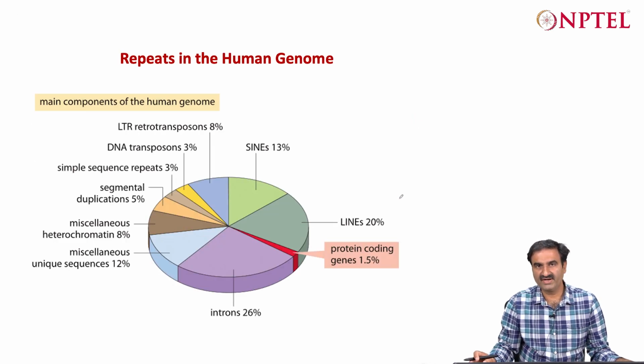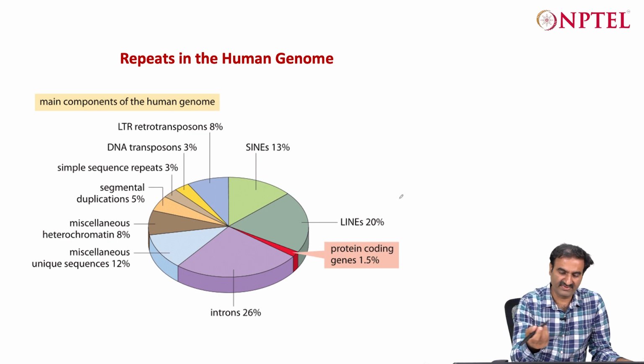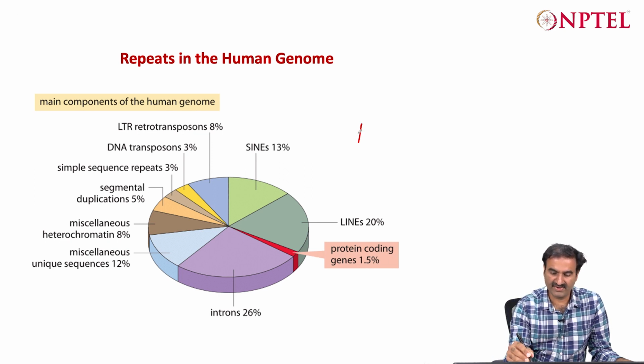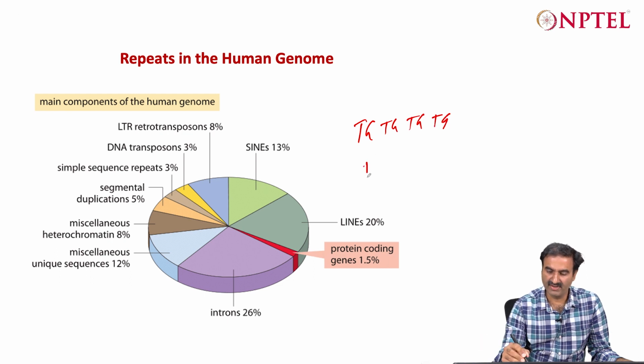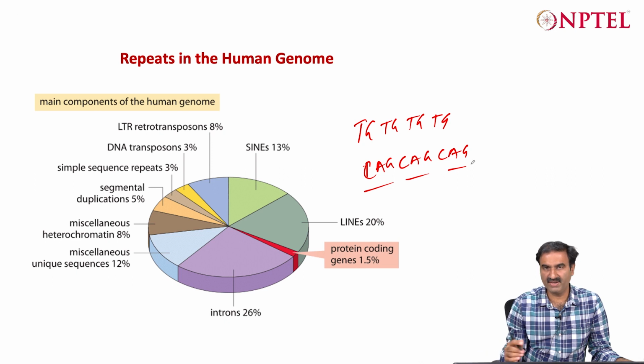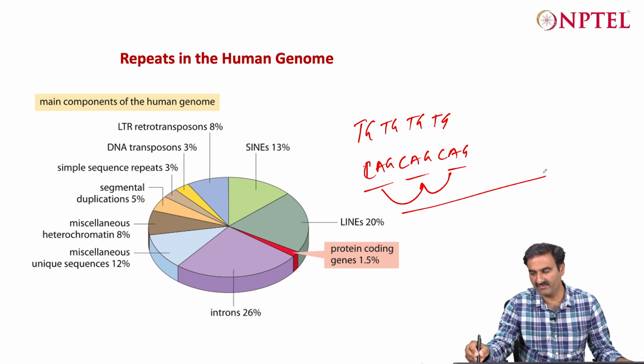Okay, so after genes, the rest of the genome is mostly repetitive. More than 55% of the human genome is repetitive. It is composed of simple repeats, for example TG, TG, TG, TG, which are simple dinucleotide repeats, or CAG, CAG, CAG, a polyglutamine repeat. These are small tandem repeats, repeating units, one after another over a long length.